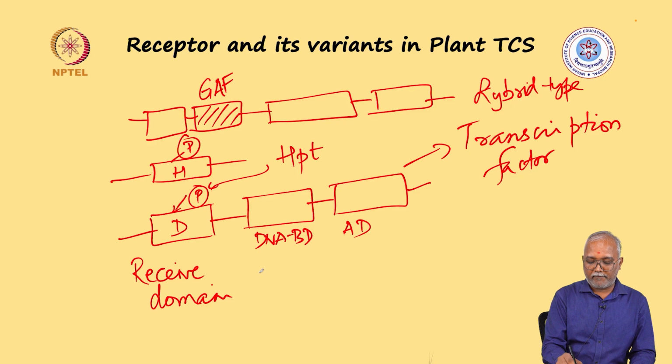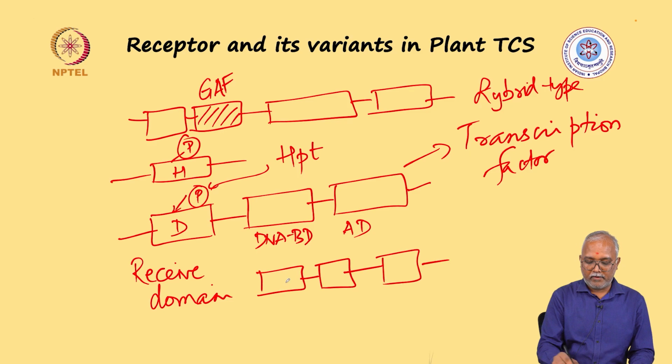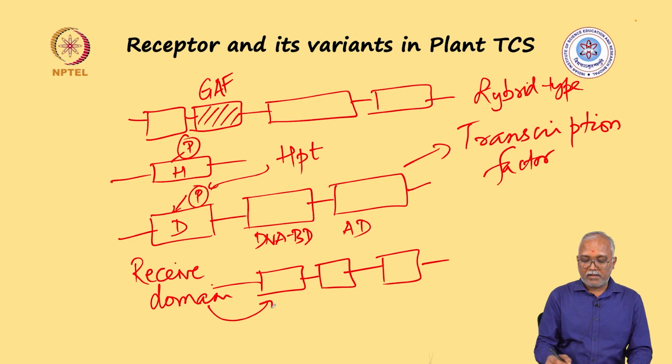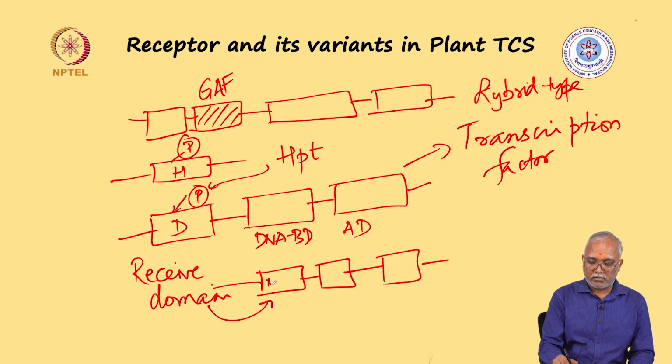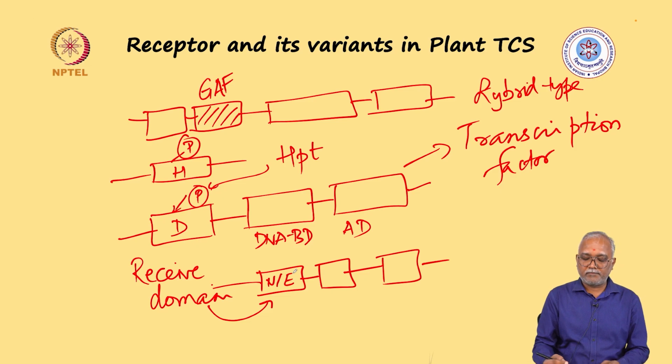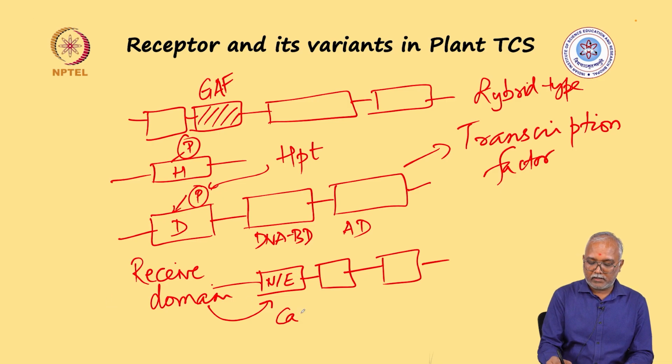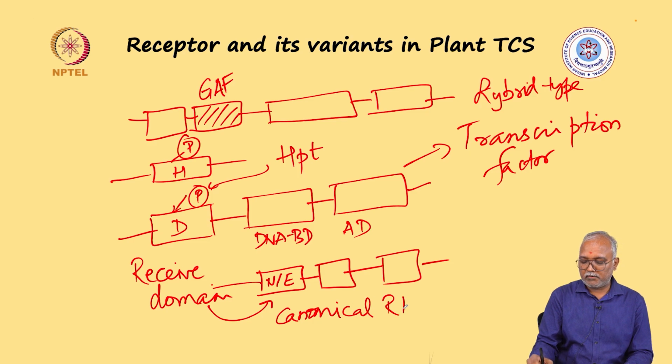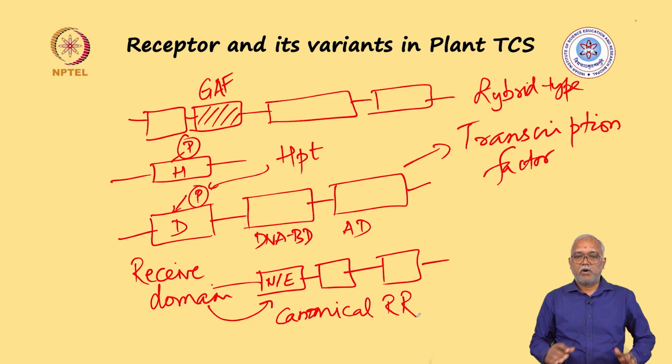Here also you will find a variant, a pseudo response regulator kind of arrangement, where this receiver domain does not have the aspartate residue, rather it is changed to either asparagine or glutamate. So you will find problems because of which this will not be serving as a canonical response regulator. This is how domains and their variants will be present in the plant system.